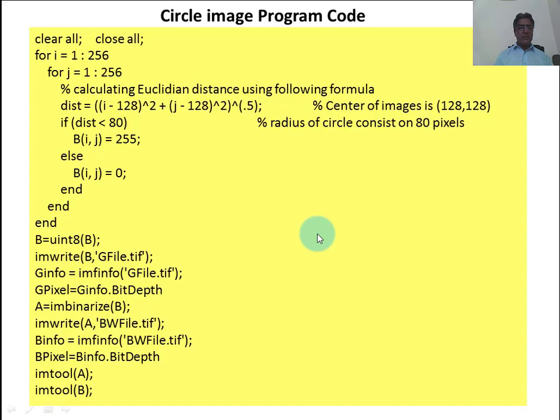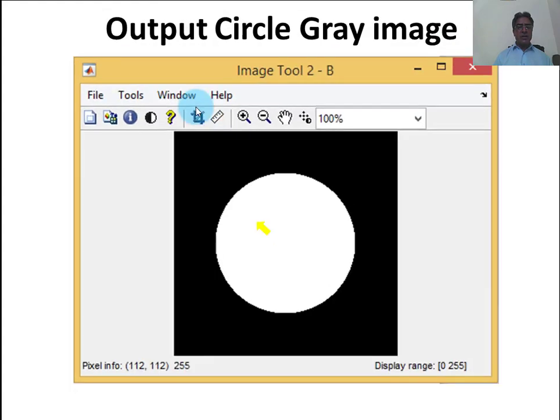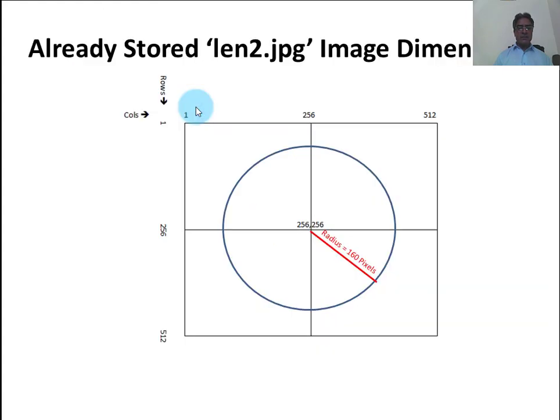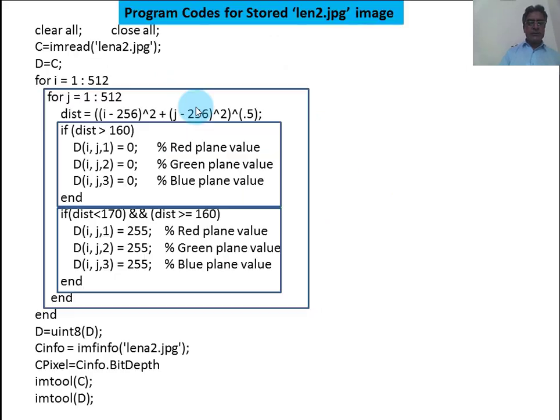So in the program we were subtracting 128 from I and 128 from J, while in the linear2.jpg image the center is 256, 256. So when we calculate the distance, we will subtract 256 from I and 256 from J, because the final value of I and J will become 512 and 512.